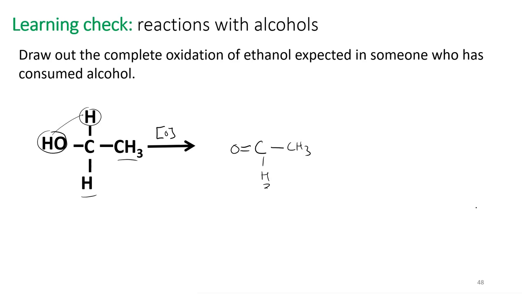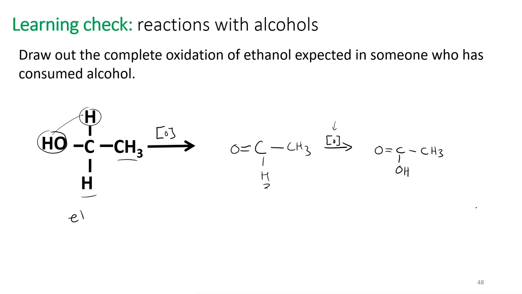But I still have another hydrogen that I can oxidize further, so I can add another amount of oxygen, and then we can make this carbon, replace that hydrogen with a hydroxide group, and then CH3.